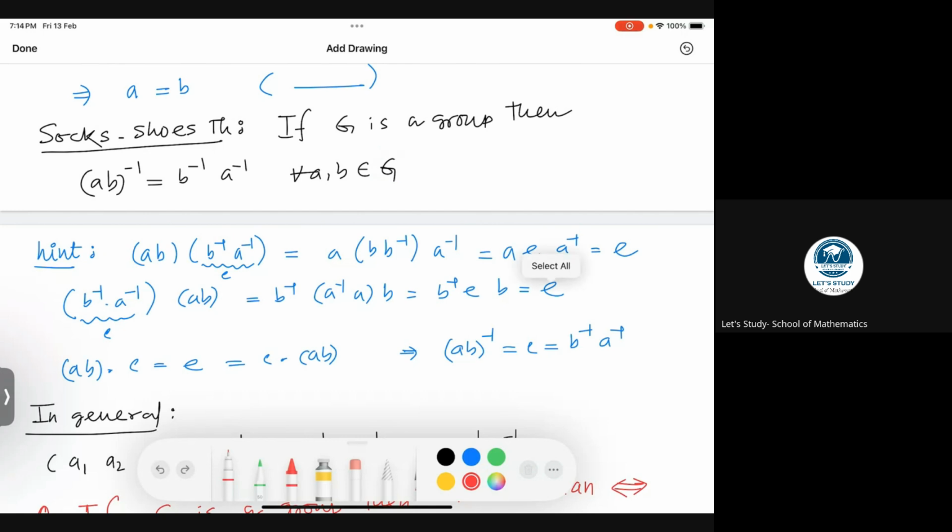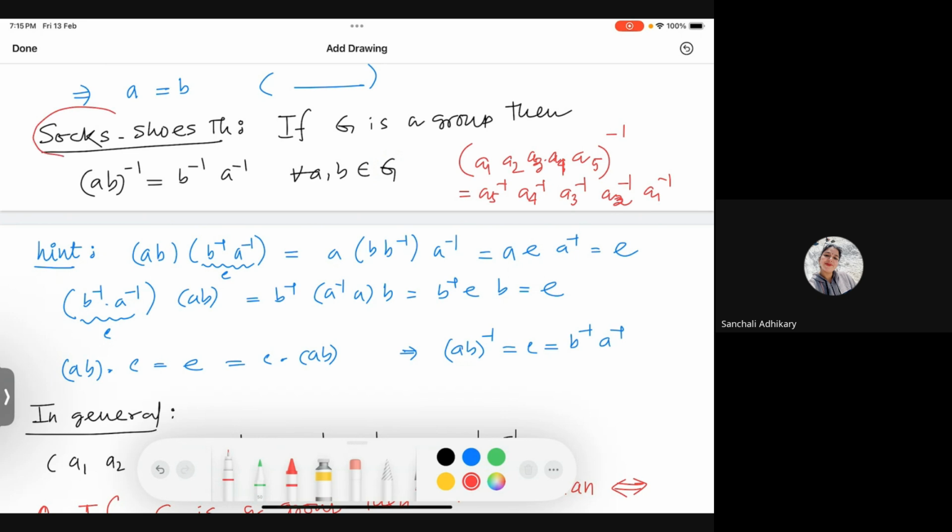So, Sanjalidi, I am asking you, what is the inverse of this element? A5 inverse, A4 inverse, A3 inverse, A2 inverse, A1 inverse. So, see, the property is called the socks and shoes property, right?